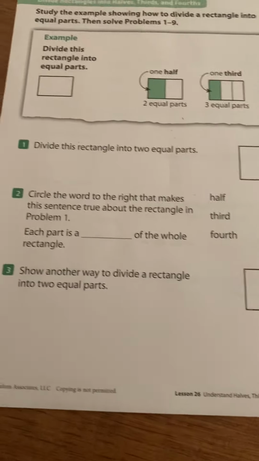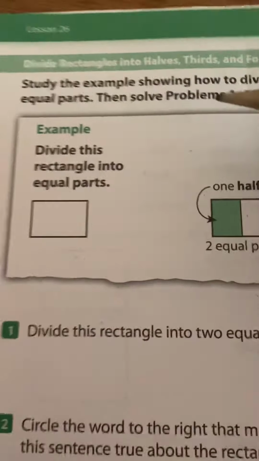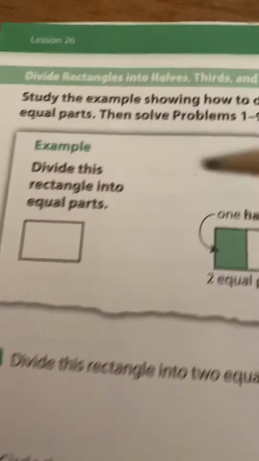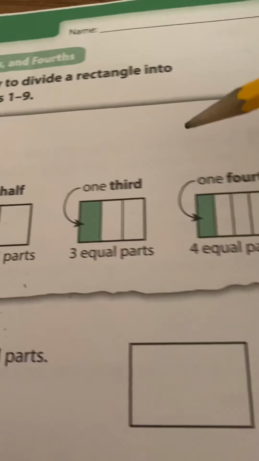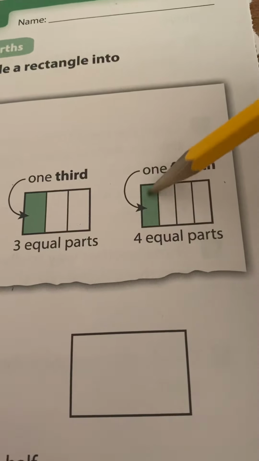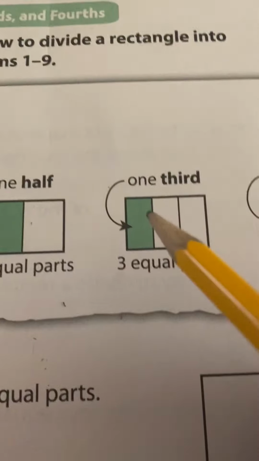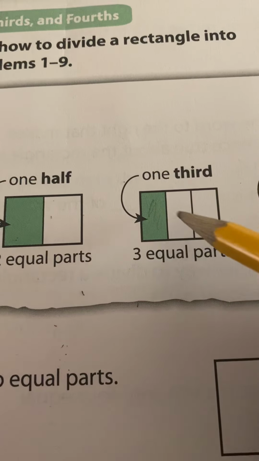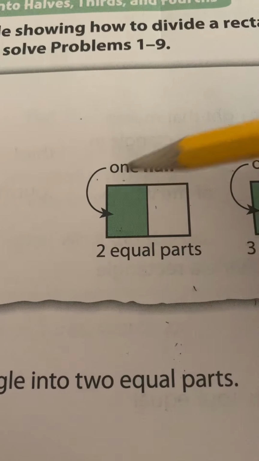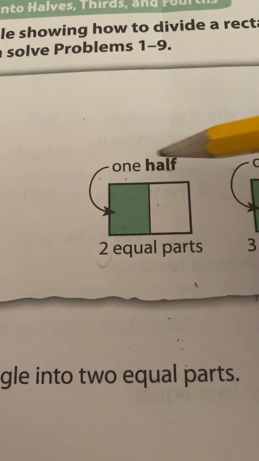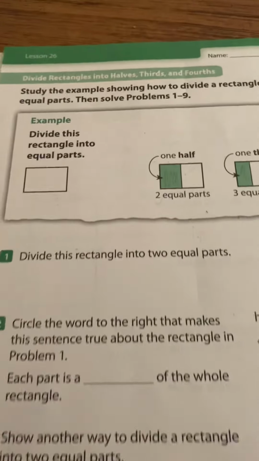All right, now we're on to 277. So here's our example. Divide this rectangle into equal parts. 1/2, 1/3, 1/4. So one of the 4 pieces are colored in. 1/3, one of the 3 pieces are colored in. 1/2, one of the 2 pieces are colored in.